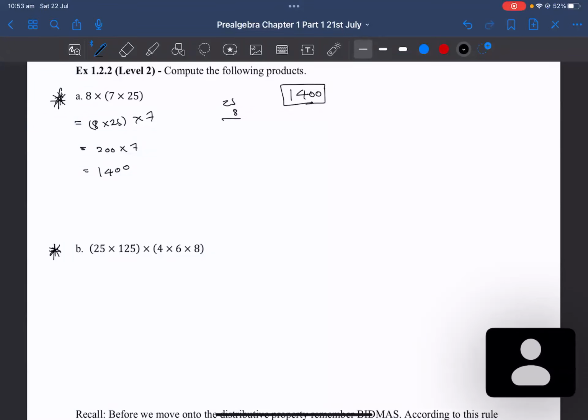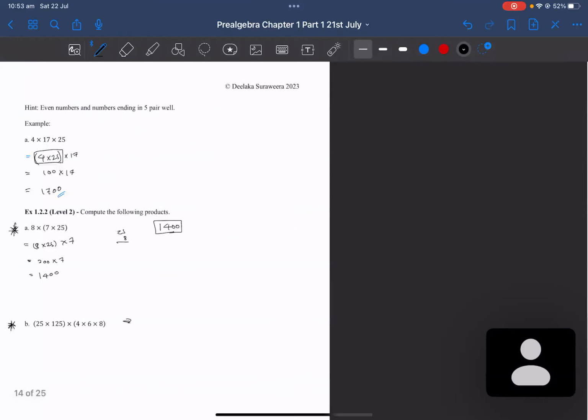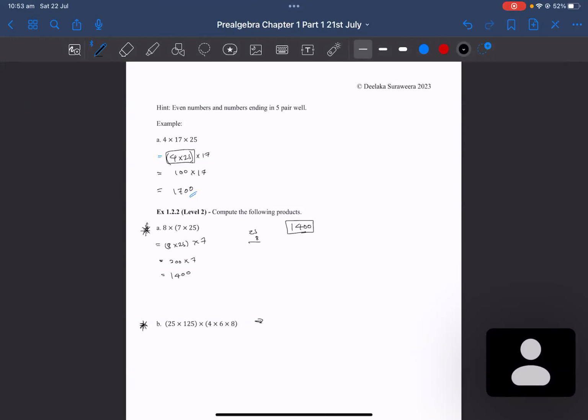For this one as well, you should do numbers that pair nicely.